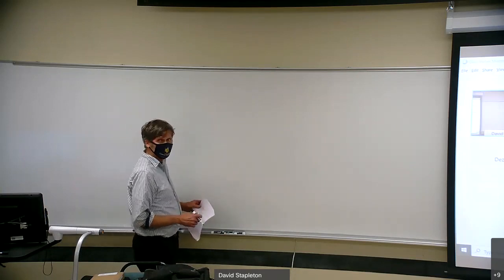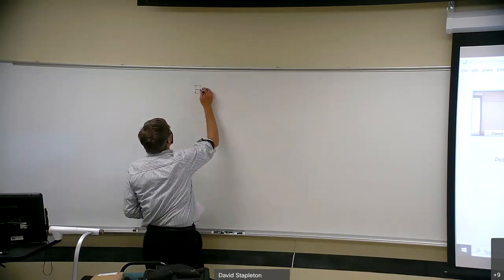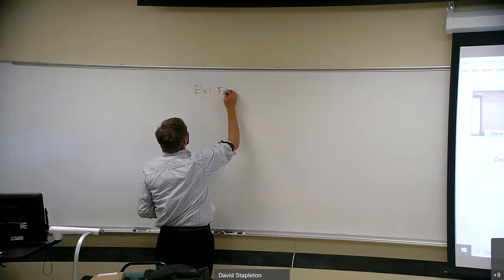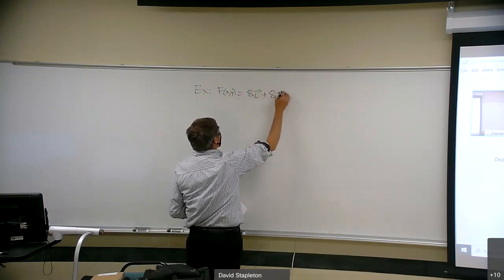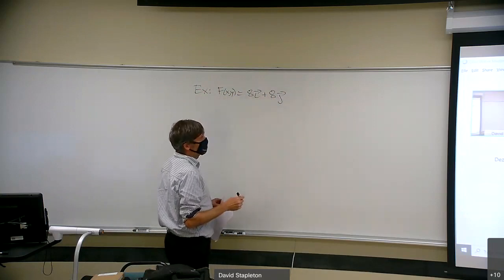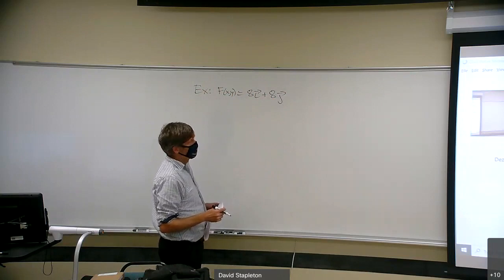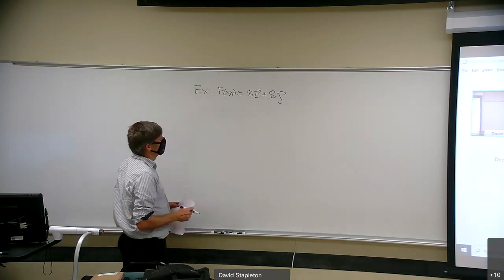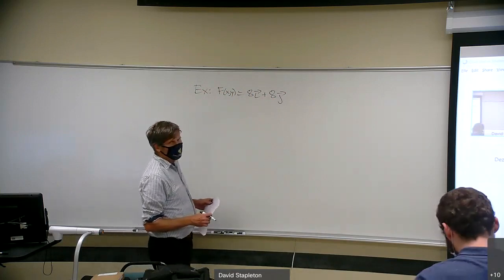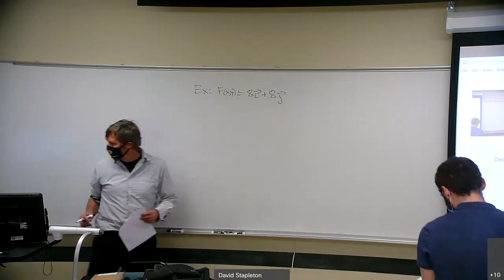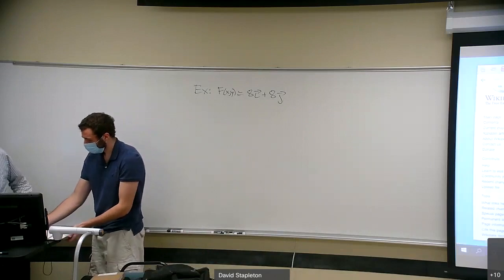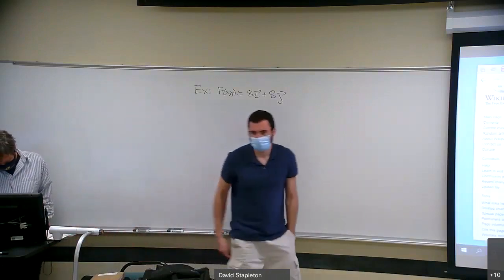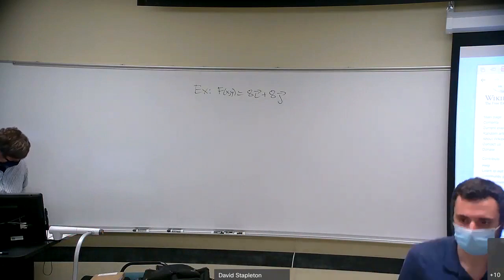F of x, y equals 8I plus 8j. On the vector, 8I plus 8J. I'm sorry, it's 15.2, number 7, number 9.